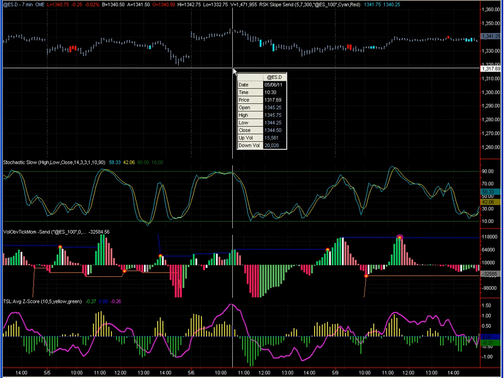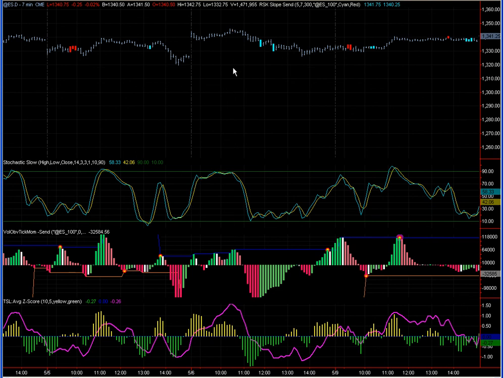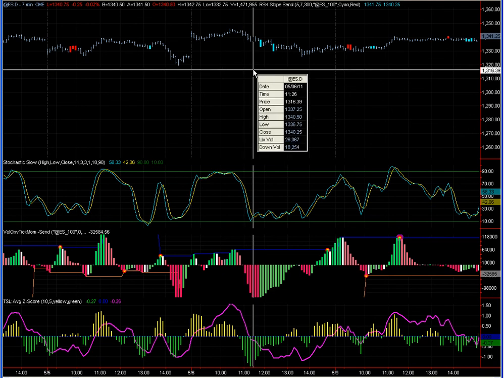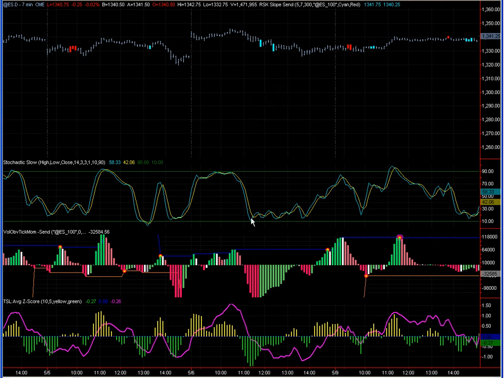He's waiting for that stochastic to now get to the oversold condition, where the slow K is now moving above slow D. That happens right here. It dropped into the oversold condition, slow K moves above slow D, and he's out of his short trade.